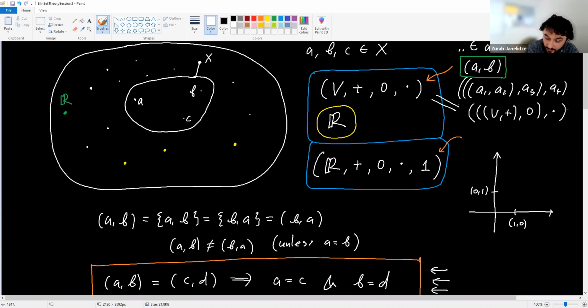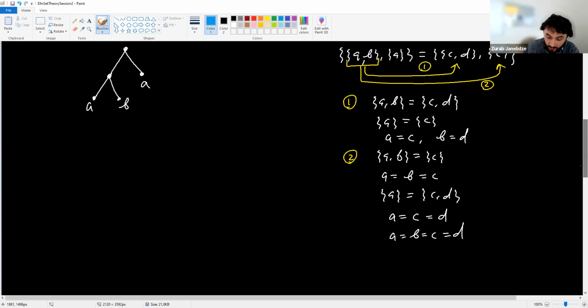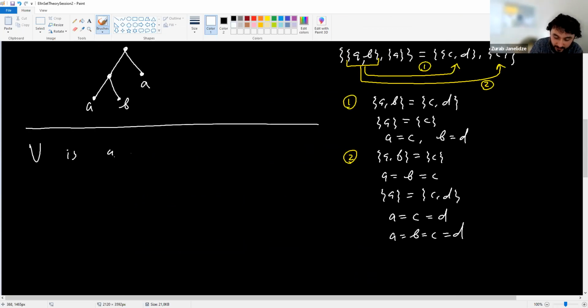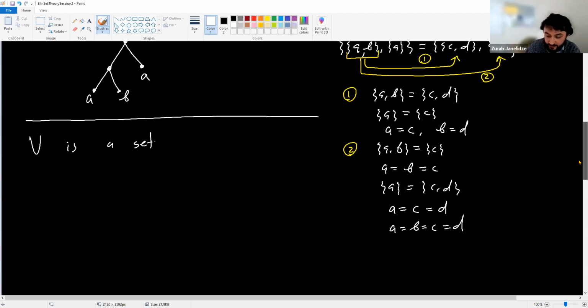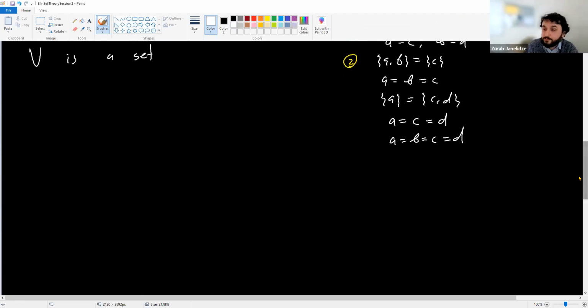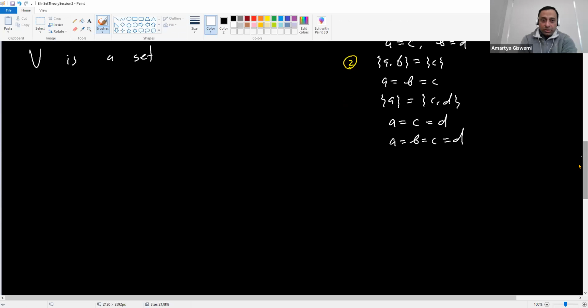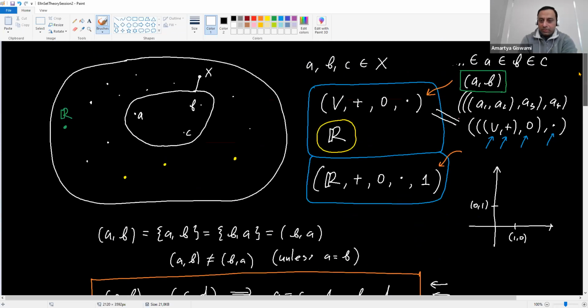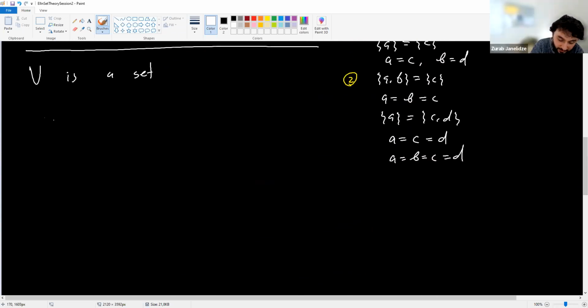So this leaves us to determine how we express V, plus, 0 and multiplication as sets, right? And now, V is a set right from the start, so there's no problem there. The set of vectors is a set. But the addition needs to be looked after. And so what does addition do?